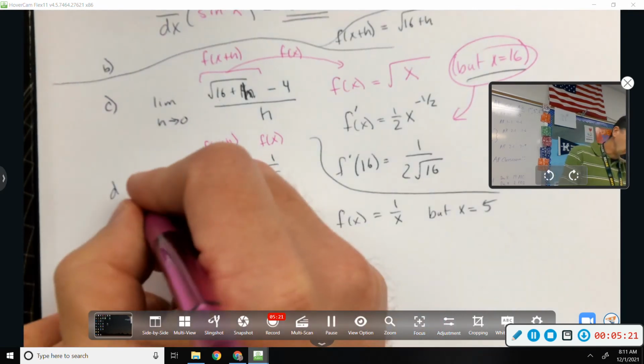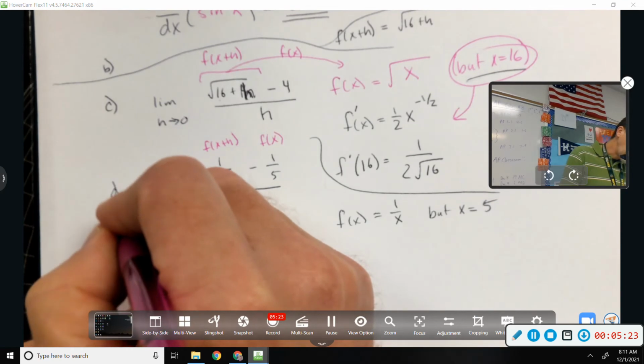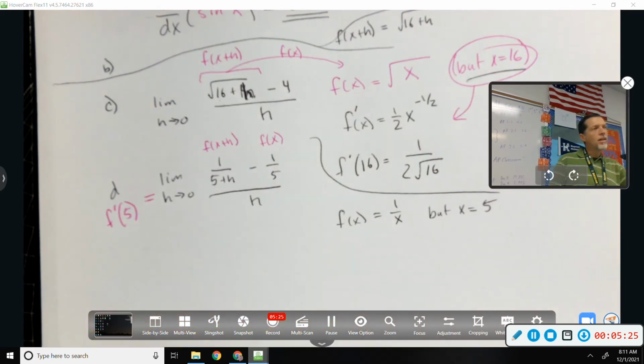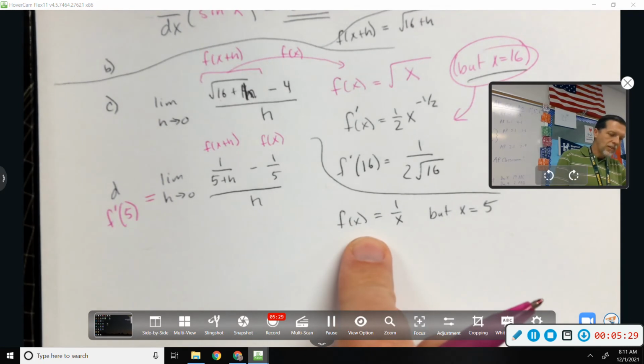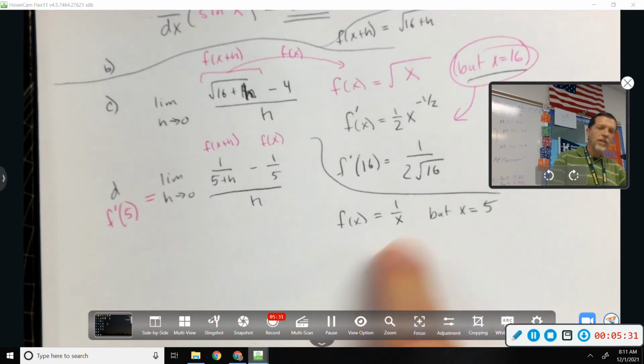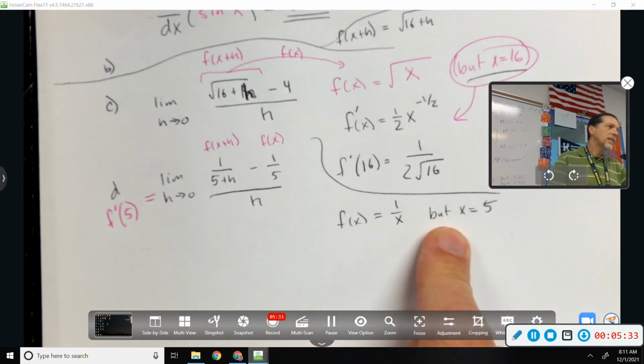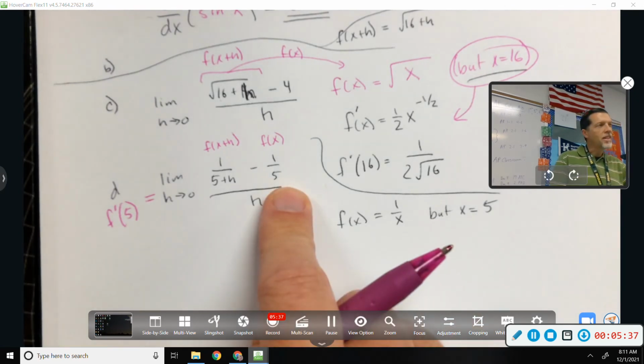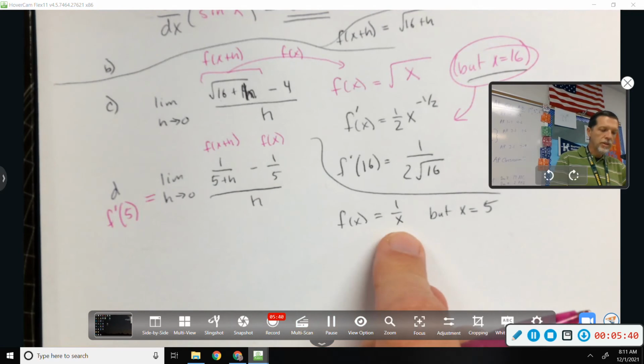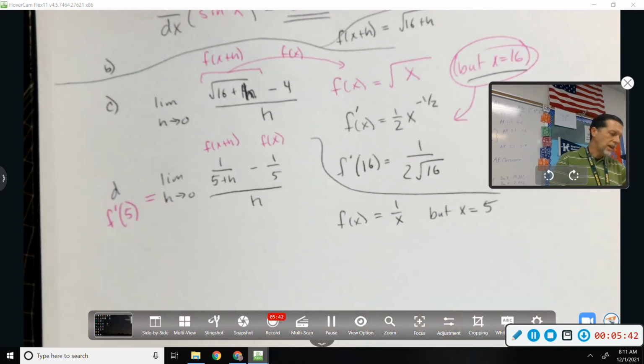So this is the derivative of f at 5. So I figured out who f is. I'll take that derivative and then I'll plug 5 back in. Oh, okay. Right? I don't want to take a derivative of 1/5. That would just be 0. Take the derivative of 1 over x, then put 5 back in.